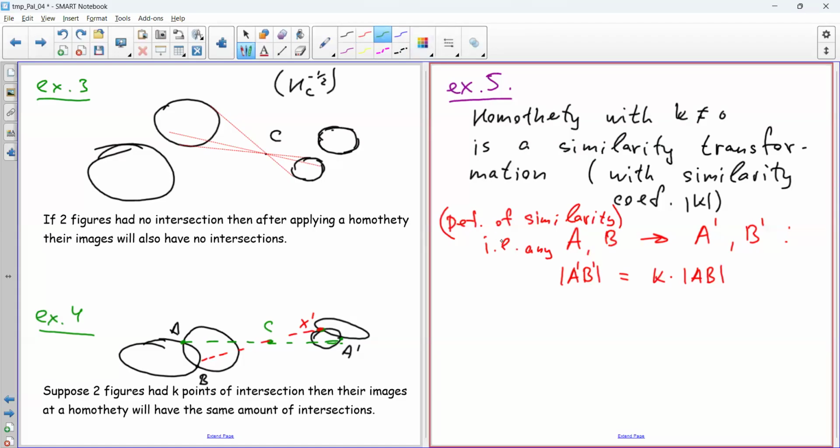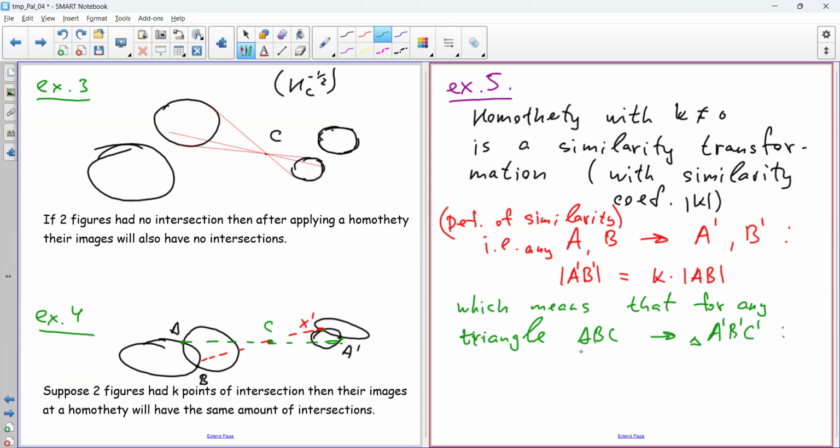But this is just formal definition. Informal definition is the very fundamental property of similarity, which means that for any triangle ABC, it is sent to A prime, B prime, C prime, so that first of all, they are similar.